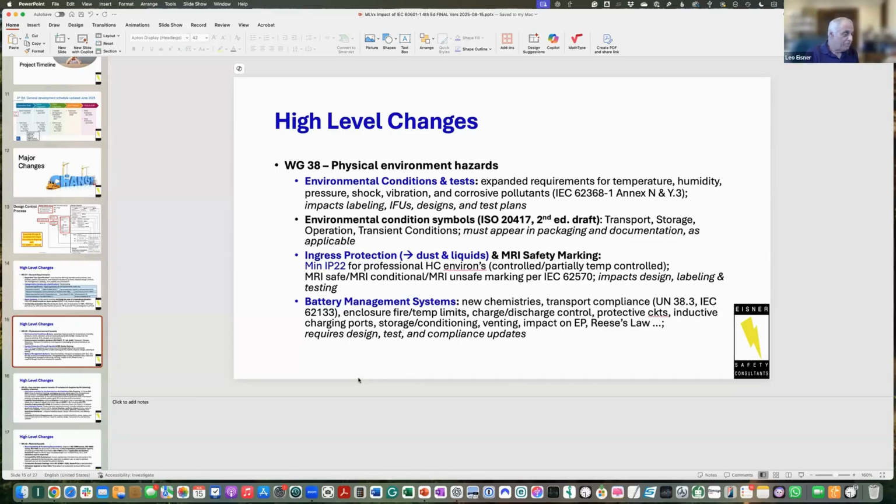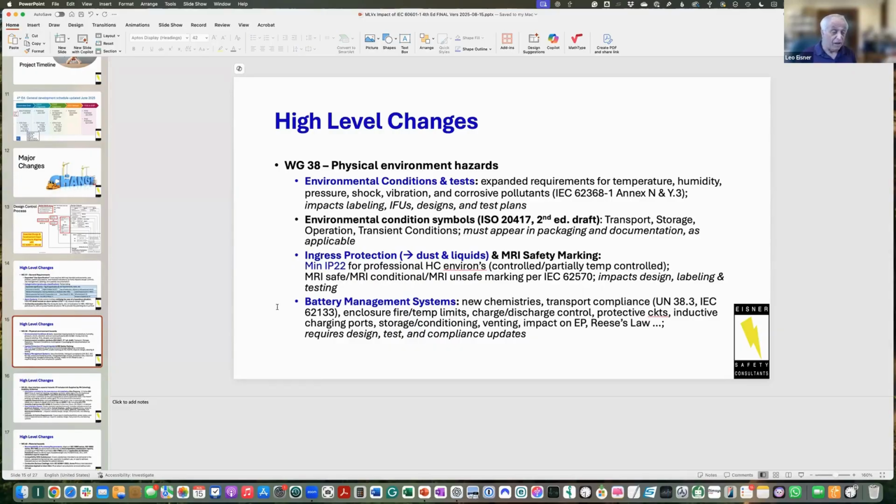Okay. So I'm going to skip over one of the bullets that I highlighted here just to save a little time. Ingress protection, which is dust and liquid tests. In short summary, minimum IP22 is a significant change from where it was, because it would be IPX1 previously. So that's a design change.